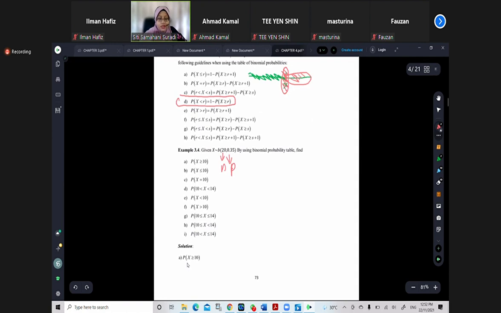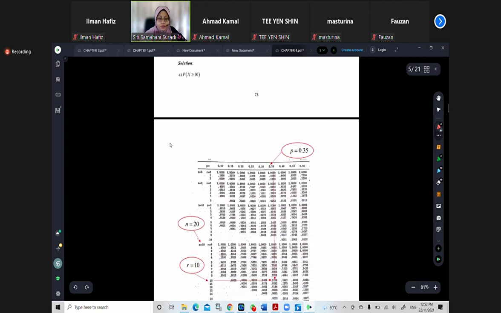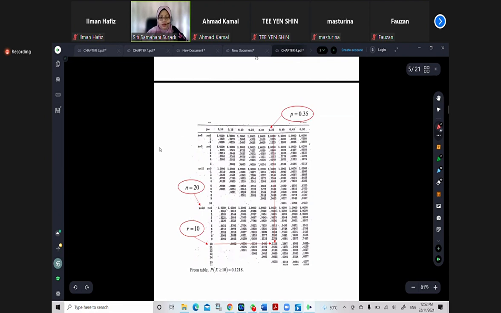So let's say X is B(20, p). So r is considered this one. You need to consider this one. Okay, so look carefully here. R is 10. Okay, look at the n. R is considered 10 in the table, and then p is considered 0.35.